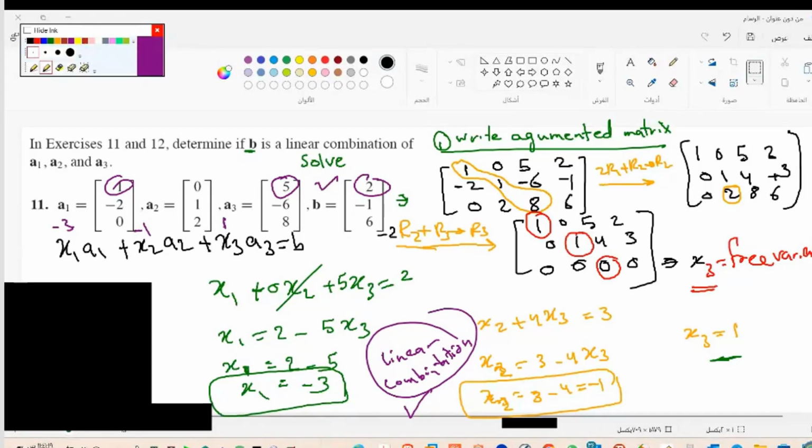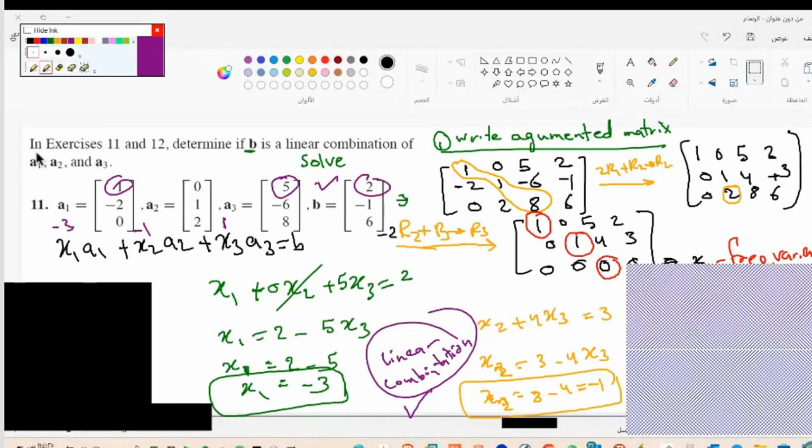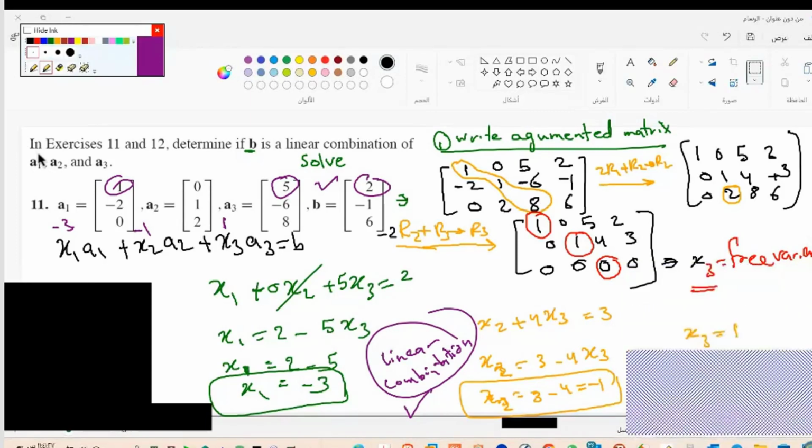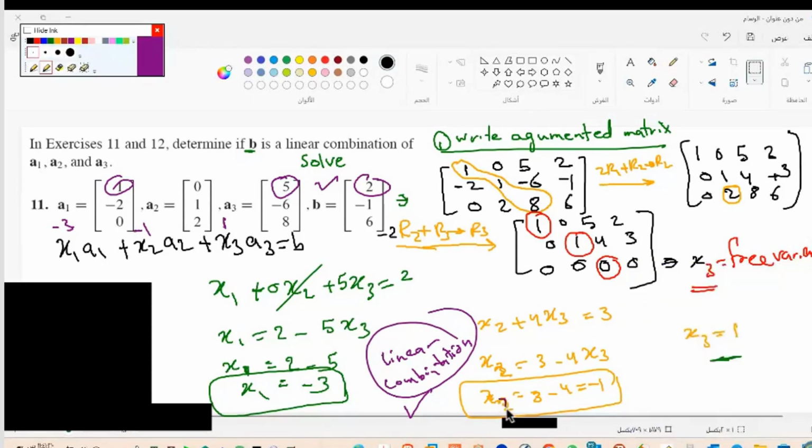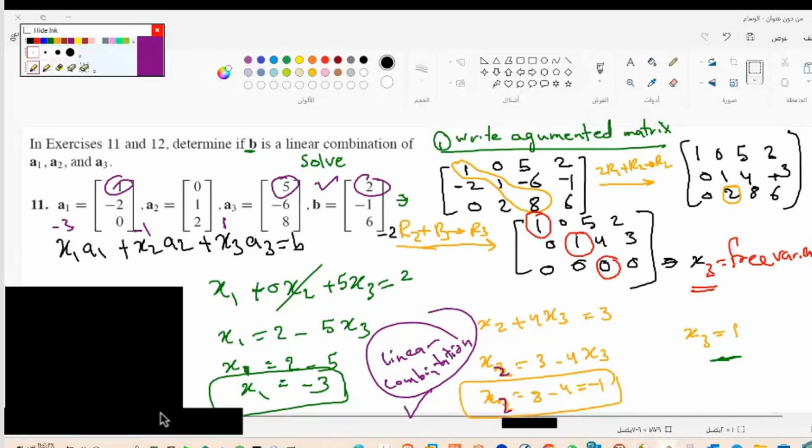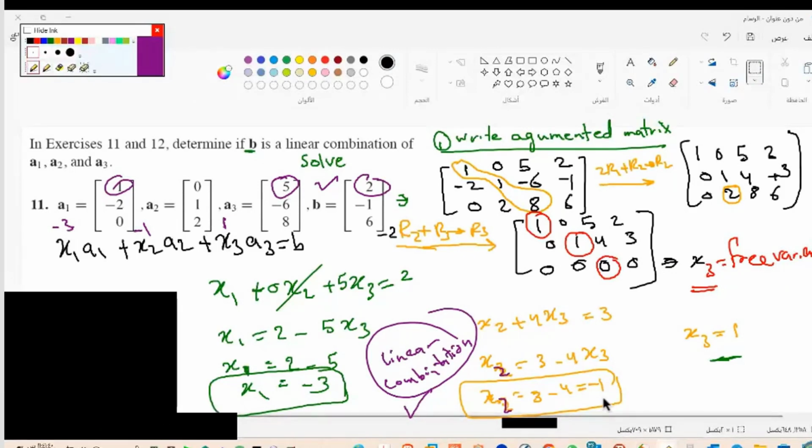Okay, any question for this? Guys, this is x2. Is it clear? Hamid, this is x2, got it?